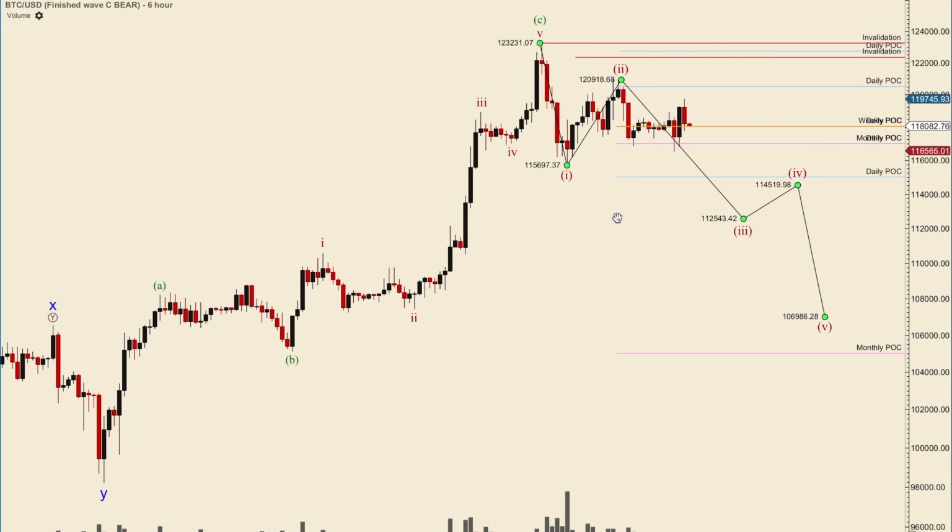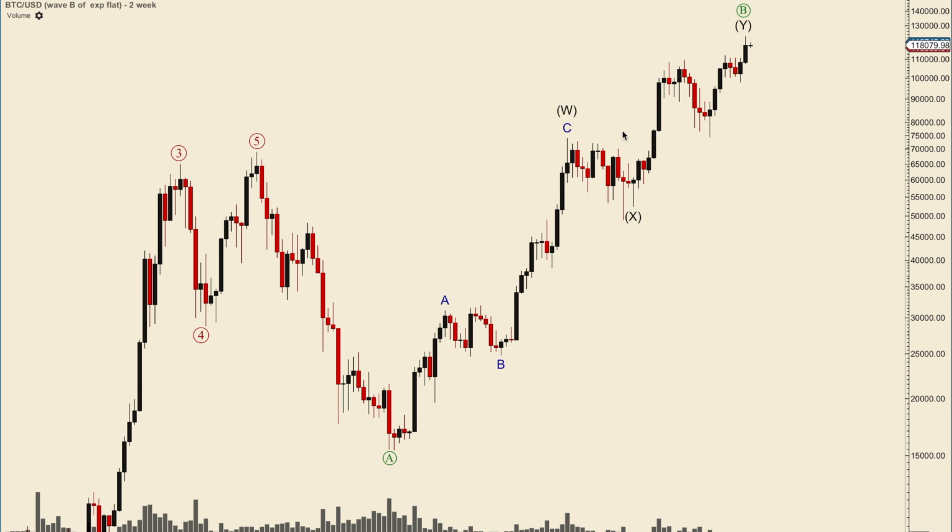But this is basically looking for lower prices and taking this count into account. So here we are looking for a wave C, and then you can see here we need to move down to very low prices to take out basically this A for a wave C if we're not dealing with a running flat. But more of that later if that happens.